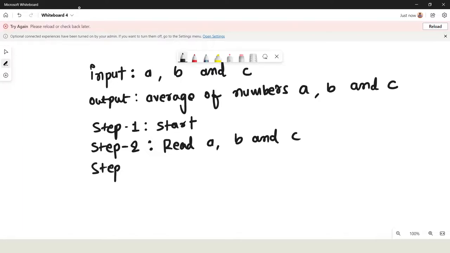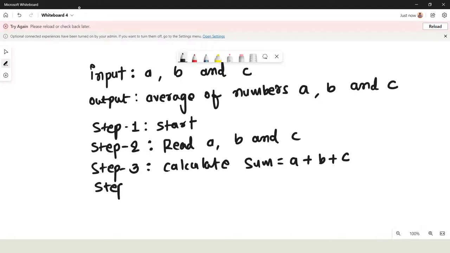Then step 3, you have to add these three numbers, that is calculate sum is equal to A plus B plus C. Step 4, calculate average. Avg is the variable which you can use to store the result. Then sum divided by 3.